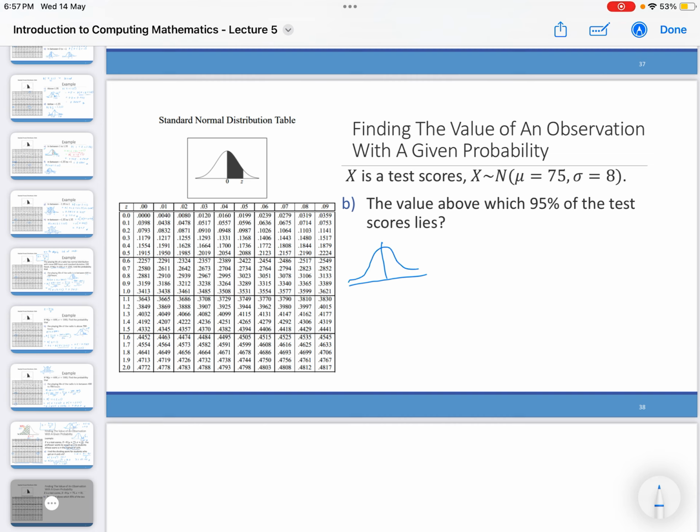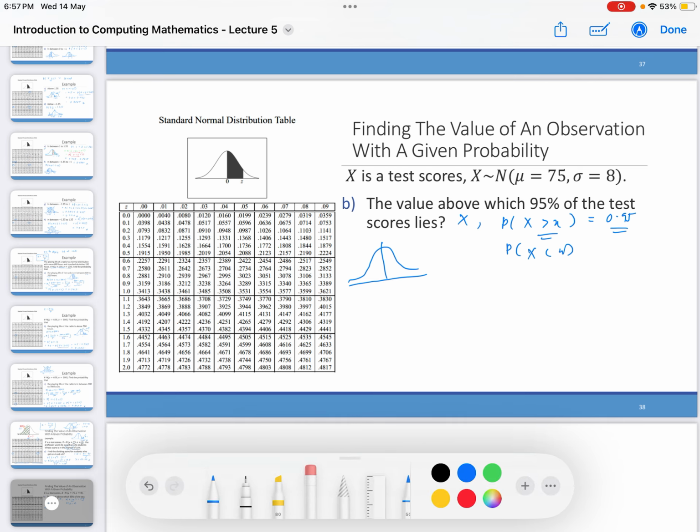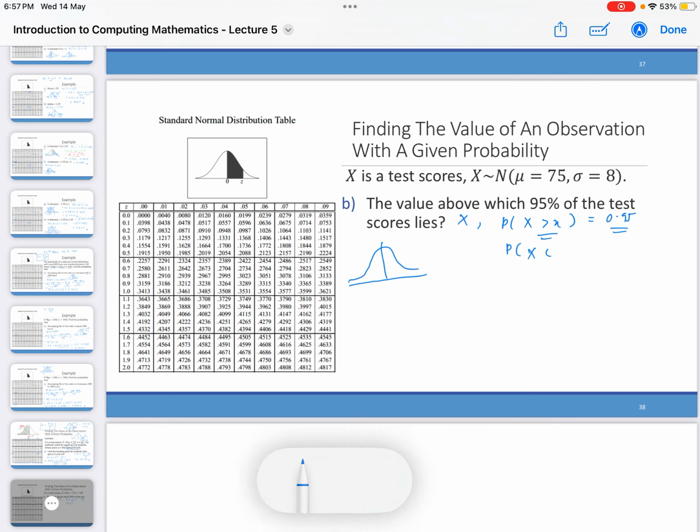So we have to find X such that the probability of X greater than this value X is equal to 0.95. Since the probability greater than X is 0.95, we can also write the complement: the probability of X less than X is equal to 0.05.